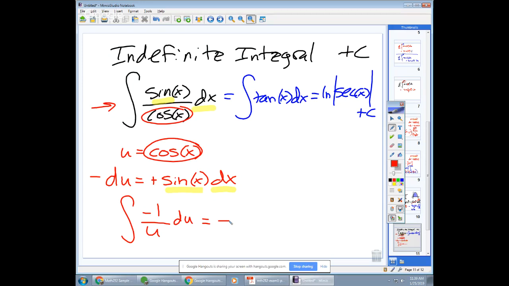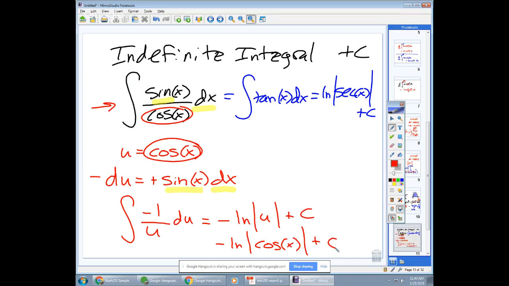If I pull the negative out front, what's an antiderivative for 1 over u? Negative ln, the natural log of the absolute value of u. Taking this a little further, I can write that as the opposite of the natural log of the absolute value of, what is u? Cosine of x.